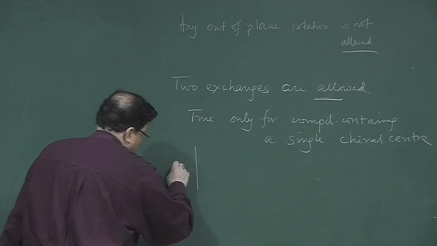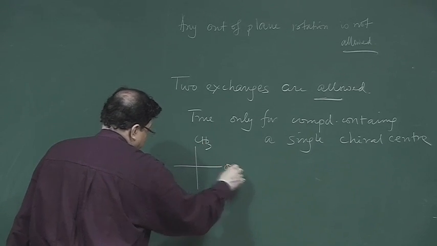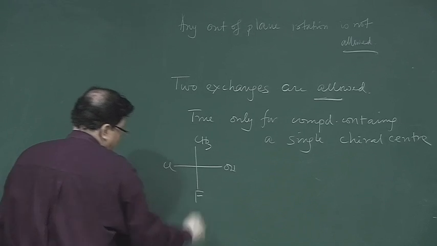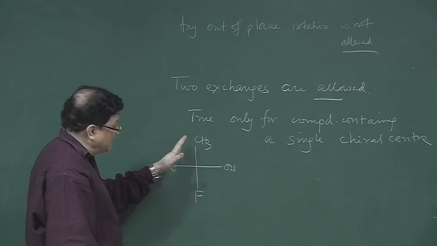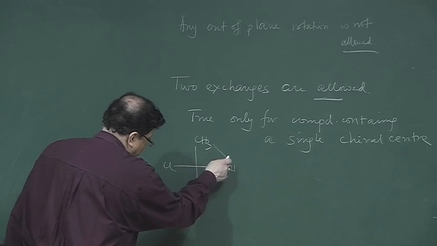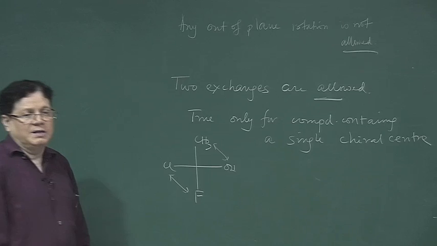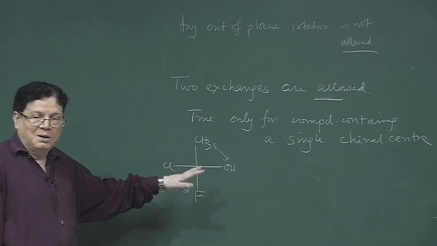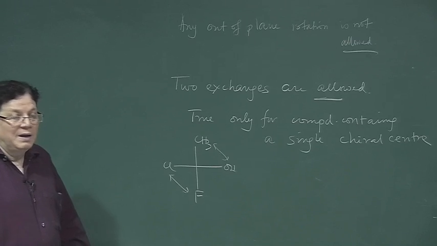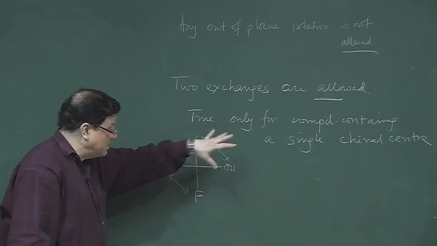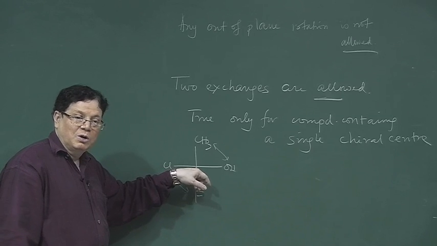That means, suppose you have methyl, OH, chlorine, fluorine, and you do two exchanges, that means not an exchange in a group of 3. See, if I interchange the position of this and that, and this and this, that is allowed. But I did not mention it as a general rule, because in general it is only restricted to a single chiral center containing molecule.